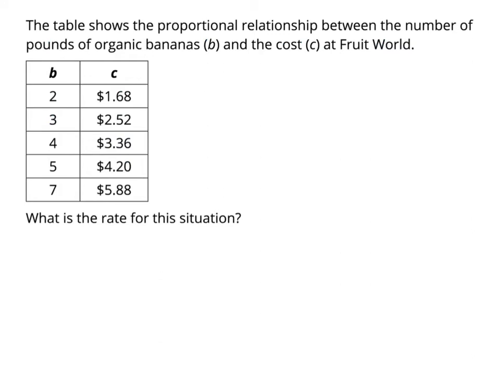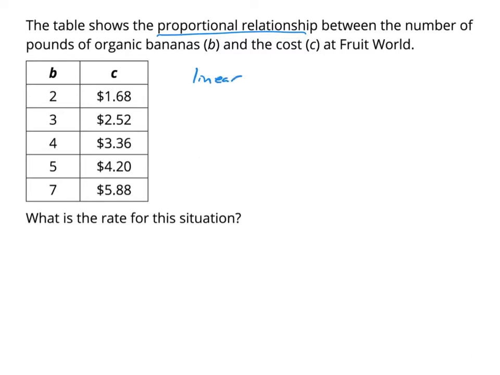In this problem, there are a bit more words going on, so let's delve into the words to make sure they aren't going to throw you off. It says the table shows the proportional relationship between the number of pounds of organic bananas, which is represented by B, and the cost, which is represented by C, at Fruit World. This concept of a proportional relationship is telling you that it's linear.